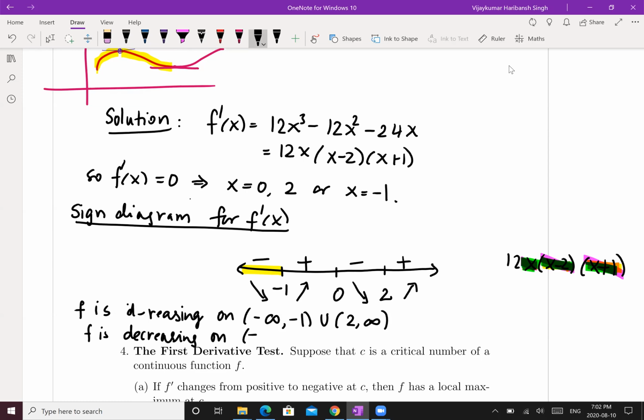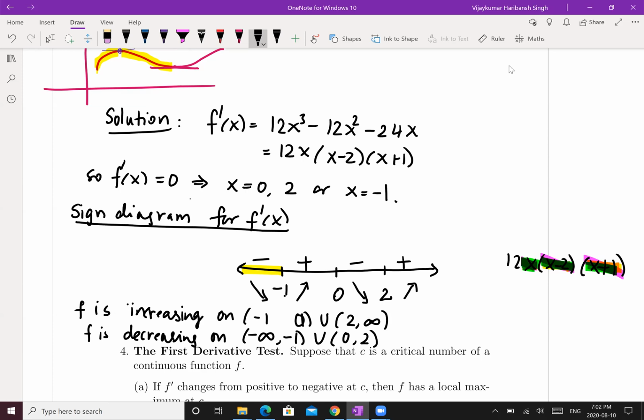Let's say f is increasing from where to where? Minus 1 to 0, right? Not minus infinity. Minus 1 to 0. And f is decreasing on minus infinity to minus 1, because that's where the sign is negative, union 0 to 2. So it's all decided by the sign diagram.